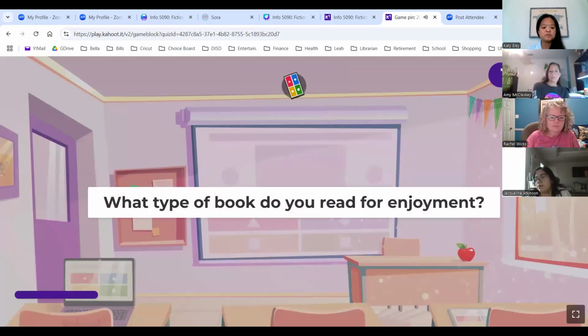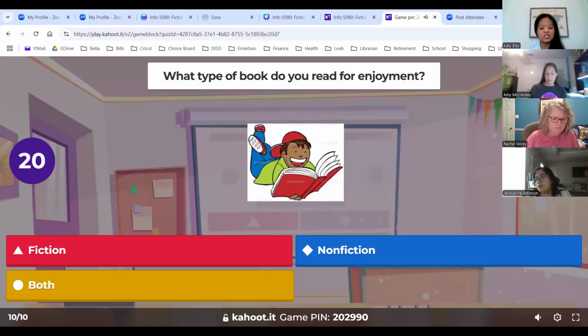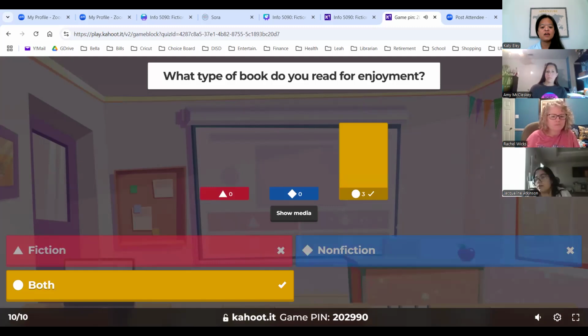All right, last one. What type of book do you read for enjoyment? Fiction, nonfiction, or both? Yeah, absolutely. Now, on this one, what do you think most likely the students would choose? Fiction. Yeah, exactly.